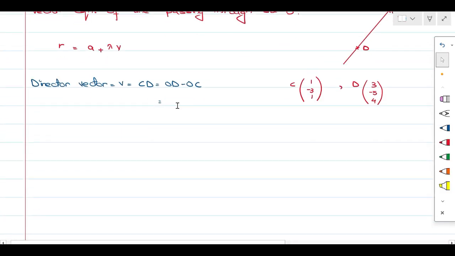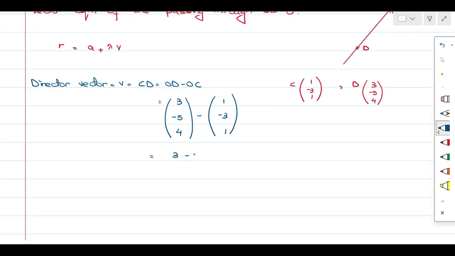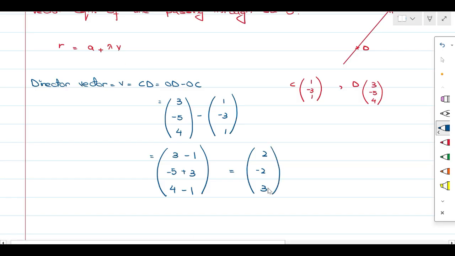So this is (3, -5, 4) minus (1, -3, 1). So 3 minus 1 is 2, minus 5 minus minus 3 is minus 2, and 4 minus 1 is 3. So here we have (2, -2, 3). This is the direction vector.